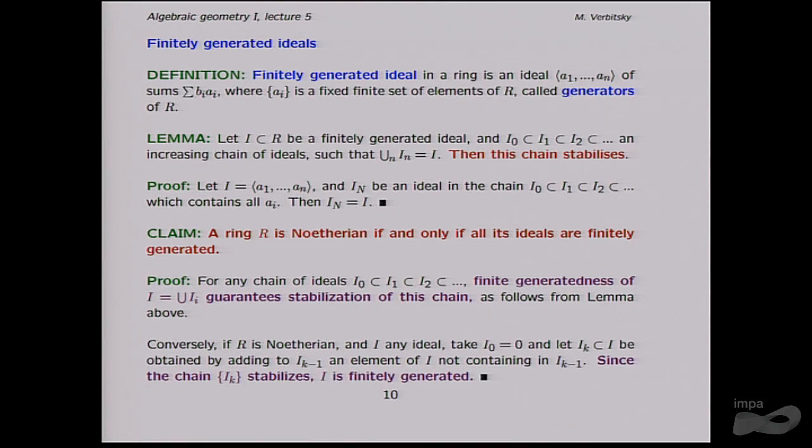Okay, so the idea of how you prove that: you slightly expand the notion of ideals and you expand the notion of Noetherianity to modules. Another, you do finitely generated modules, finitely generated ideals, and you check that this is equivalent to Noetherianity. So definition.